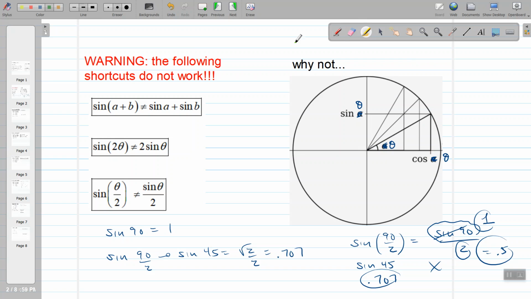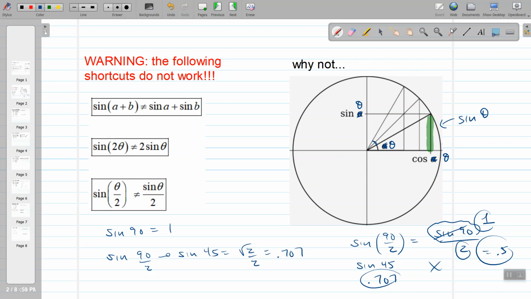So let me highlight that in green. This is your original sine theta over here. Now, I don't know how much this is, but let's say I wanted to double it. Reasonably speaking, if I were to double the angle, it would probably be about this much.